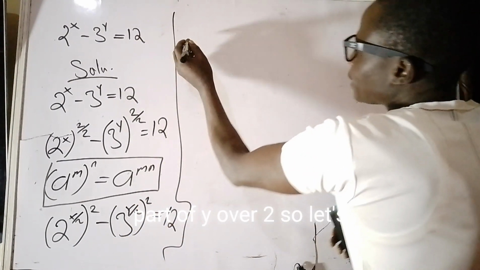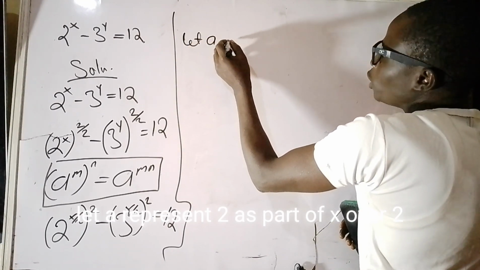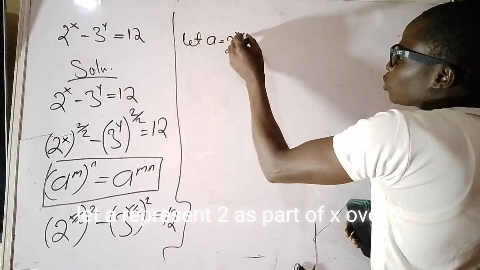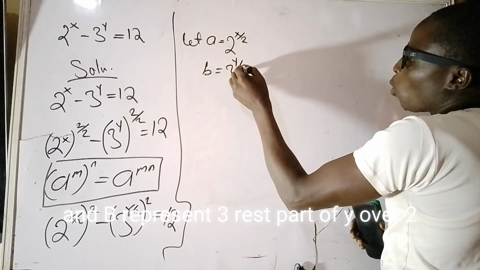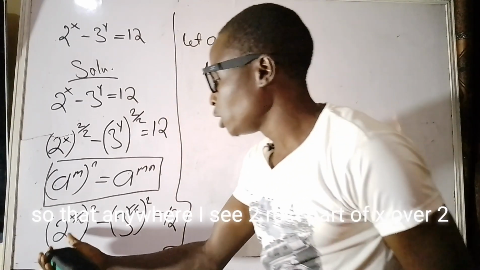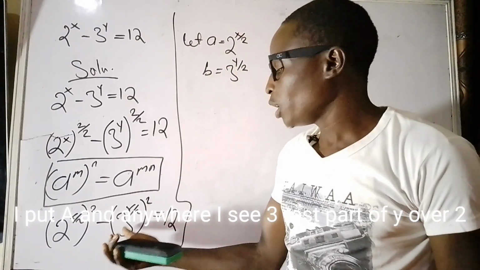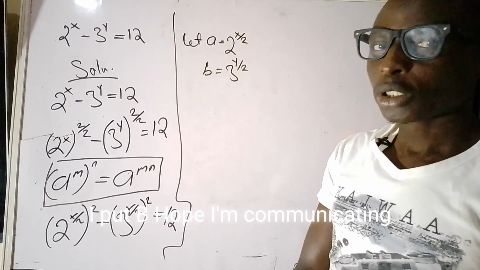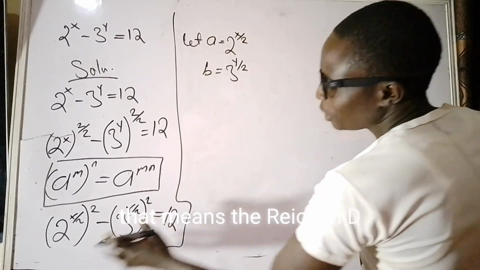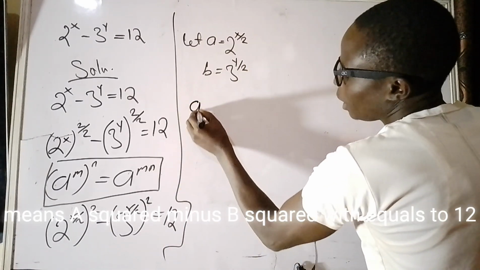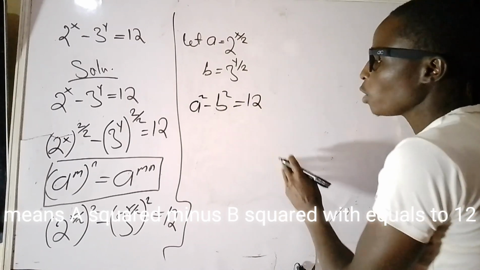So let a represent 2 raised to the power of x over 2 and b represent 3 raised to the power of y over 2, so that anywhere I see 2 raised to the power of x over 2, I put a, and anywhere I see 3 raised to the power of y over 2, I put b. Hope I'm communicating. Very interesting. That means rewriting this, a squared minus b squared will be equal to 12.